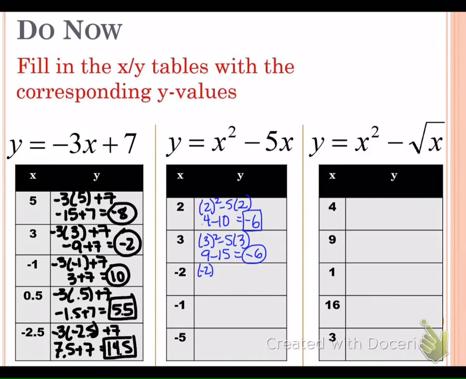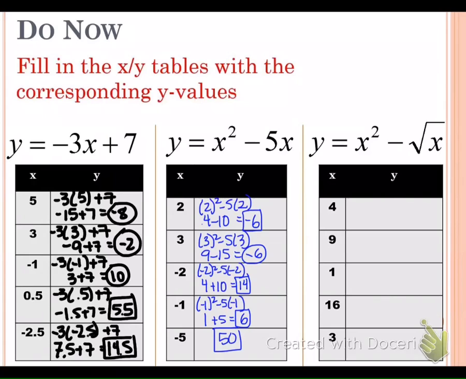Negative 2 squared minus 5 times a negative 2 is 4 plus 10 or 14. Negative 1 squared minus 5 times a negative 1. 1 plus 5 or 6. And then I believe this is going to give me 50, right?